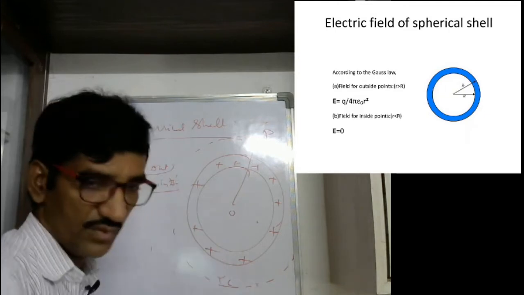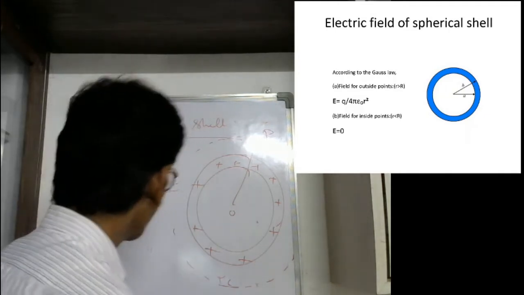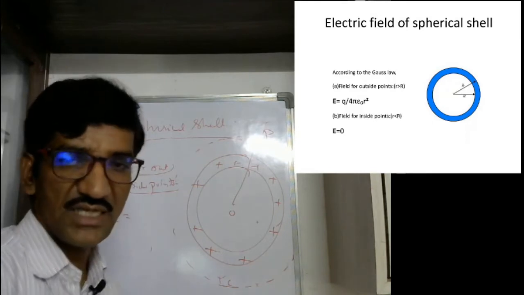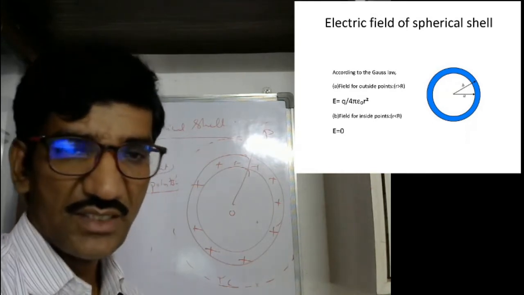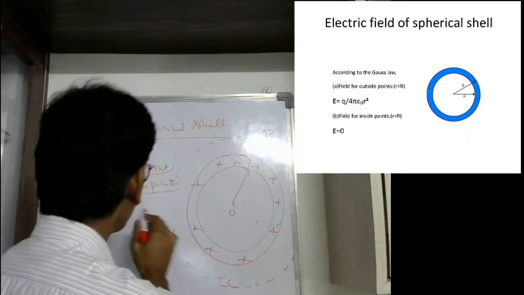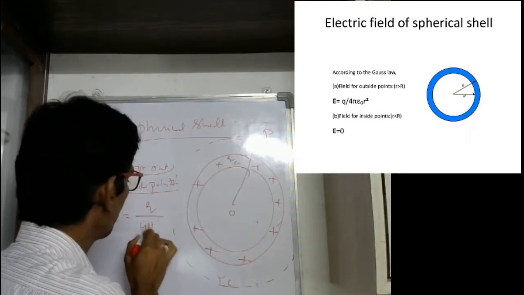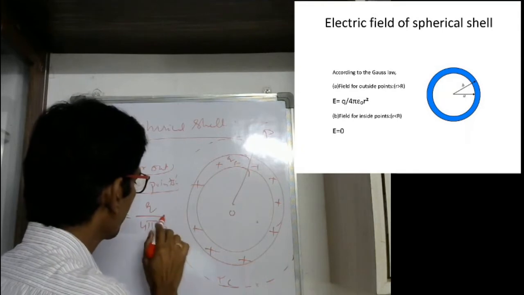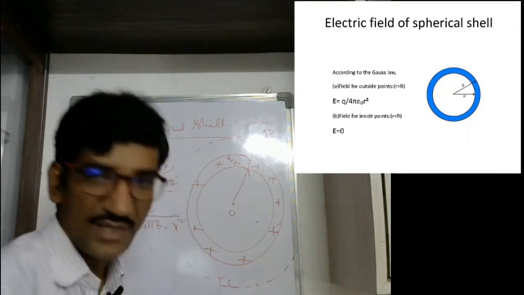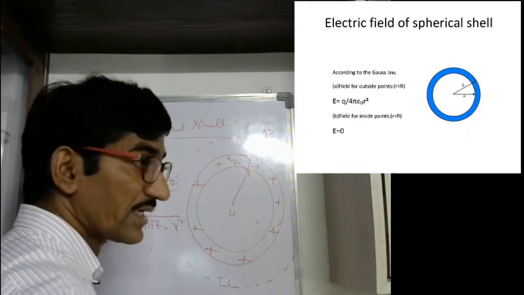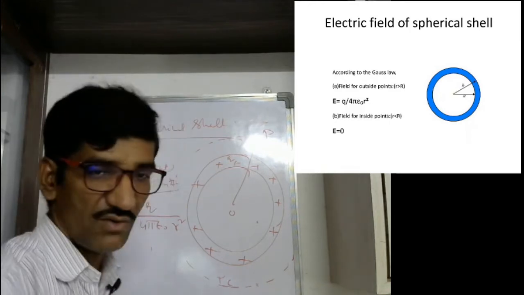E is nothing but Coulomb's law. How much charge is there? Total plus Q. So E is Q by 4 pi epsilon naught r square. We calculated this by using the Gauss law of electrostatics.